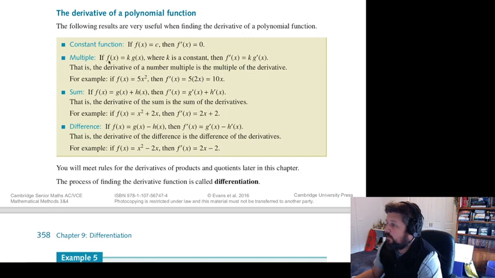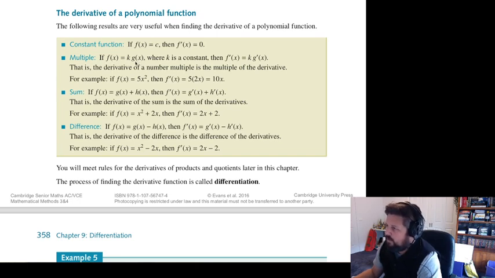Another thing, if you have a function and it's got a constant out the front of another function, say k multiplied by g(x), then if you had to find the derivative of this, say f'(x), it's just that the constant value gets pulled out the front, and then you take the derivative of the other function.